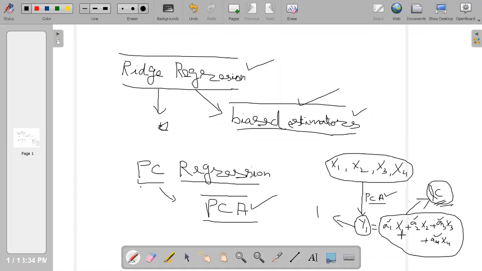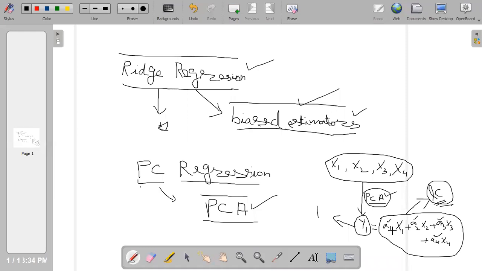It is simply a weighted sum, which we will later call a linear combination, of the actual x variables: a1x1 plus a2x2 plus a3x3 plus a4x4, where these weights, which will be constants, will be determined by the technique of PCA. When I do PCA, I will tell you how these weights are determined. For the time being, just take it for granted that this method will give you these constants.